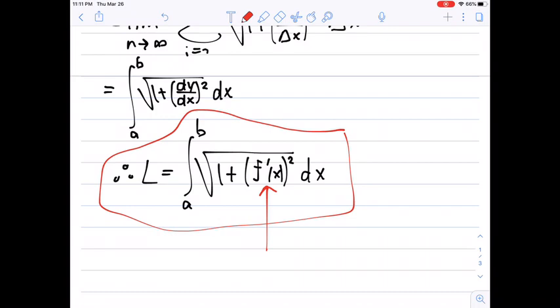If you think about it, the process of taking the derivative and squaring it, and then adding 1 and taking the square root, doing all of this together makes a very potentially complicated function. And afterwards, unfortunately, we have to integrate that function. So that whole process is where the difficulty comes for these arc length problems. And that's it.